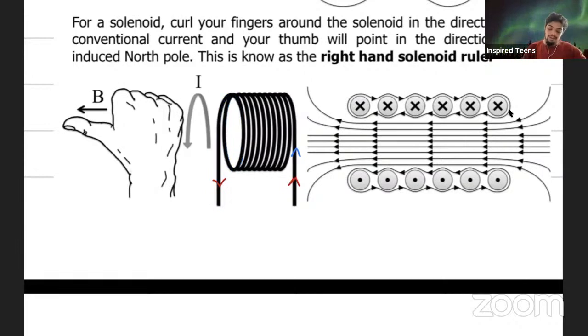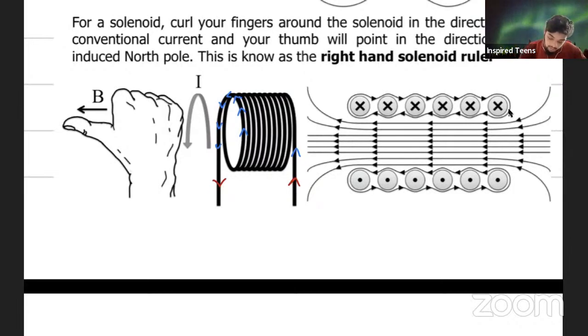In this specific case, we choose a single loop to help us determine the direction of current. In all of the loops, the current is going down at the back and coming up around at the front.